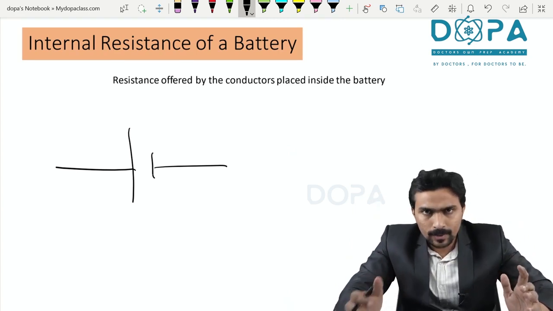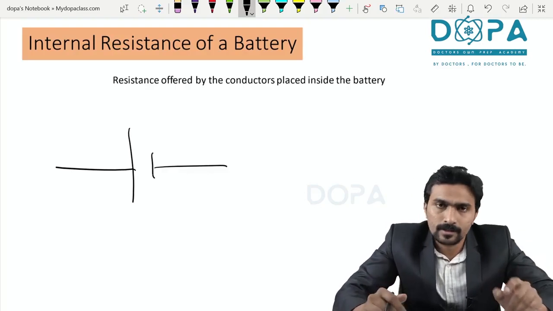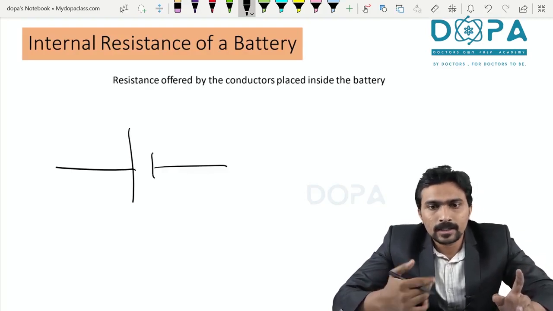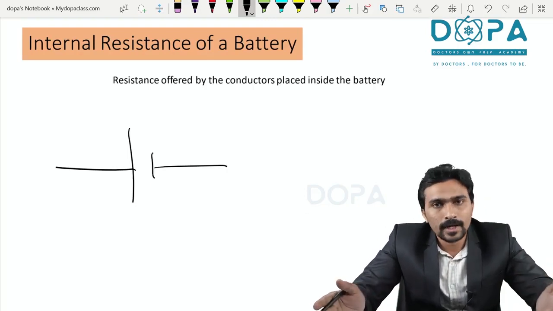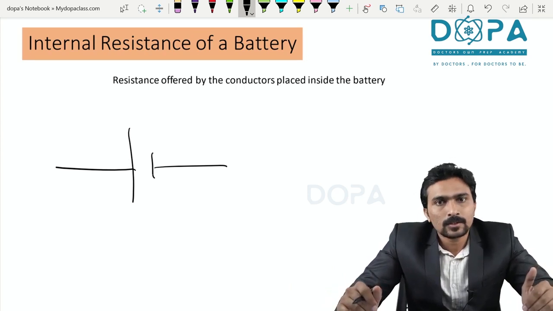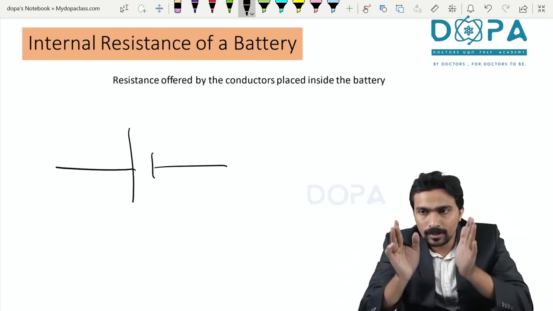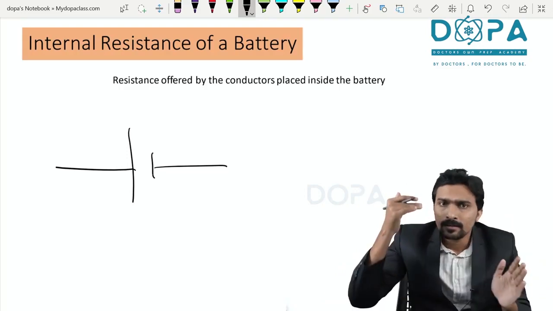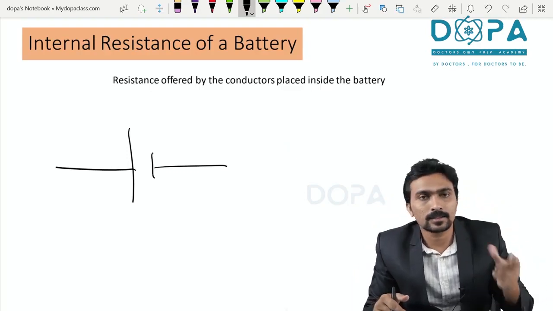There are many chemical molecules and compounds inside the cell, and as a result, during this motion, electrons will collide with other molecules, ions, and other electrons. So the same idea of resistance comes here also. The travelling of electrons between the terminals will face some resistance, and that resistance is known as the internal resistance of a cell.